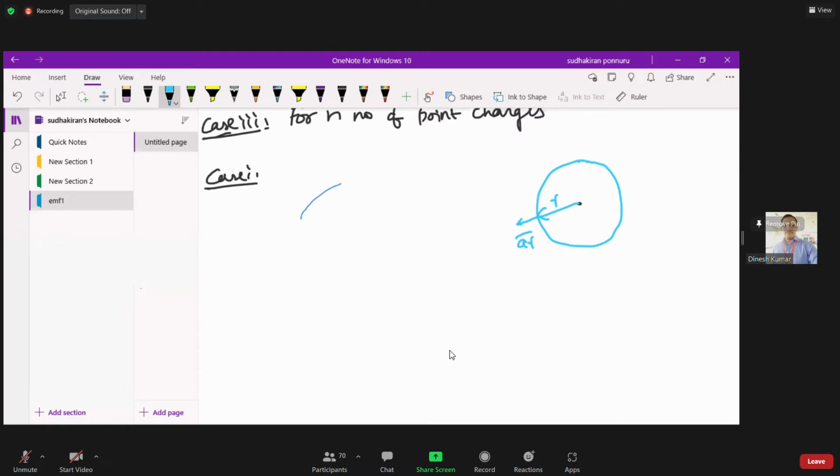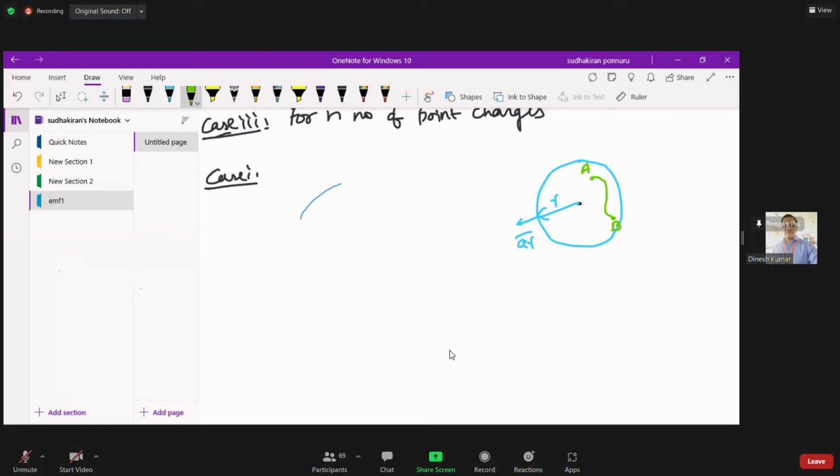Now what we have to do? We have to move this point charge. Let us select one location, this is location A, and this is location B, and now we have to move the point charge from point A to point B. This is nothing but moving the point charge from location A to B, that is the work done.